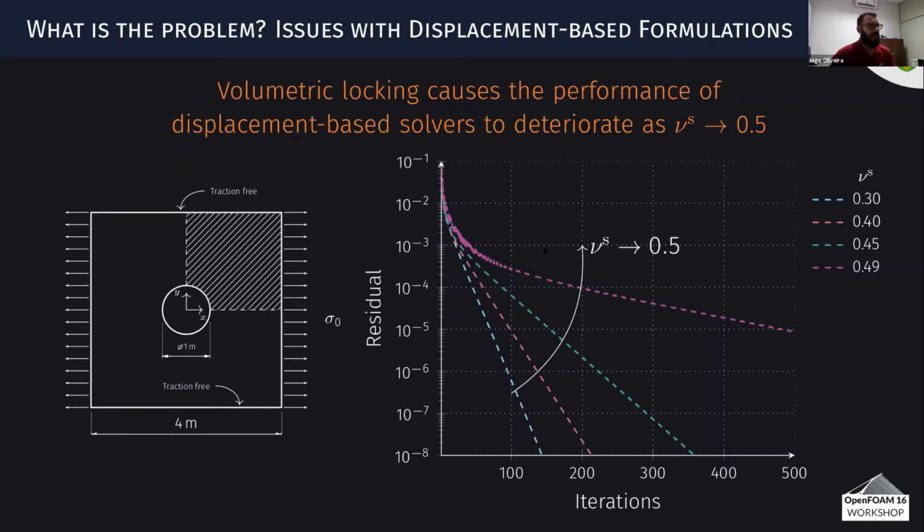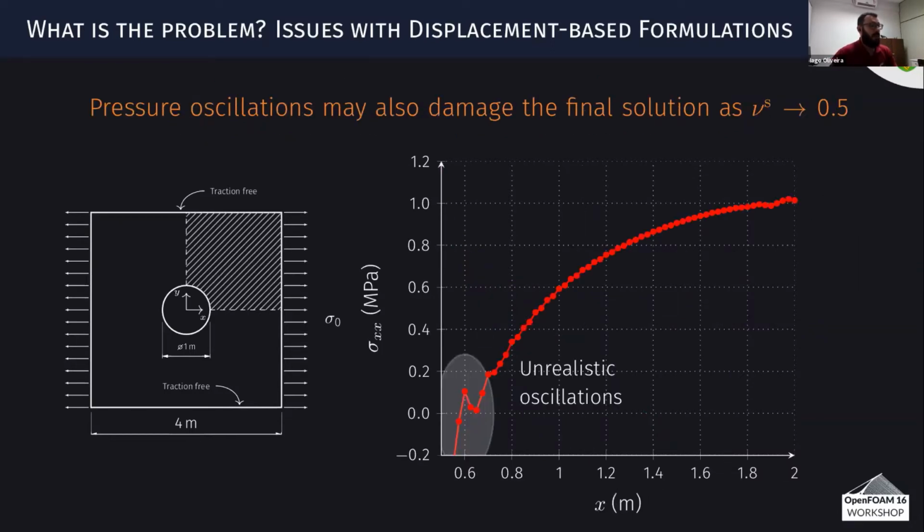The convergence deteriorates and the number of iterations increases a lot as nu tends to 0.5. Furthermore, even if we get a convergent solution, we may have some unrealistic oscillations in the stresses of the solution.